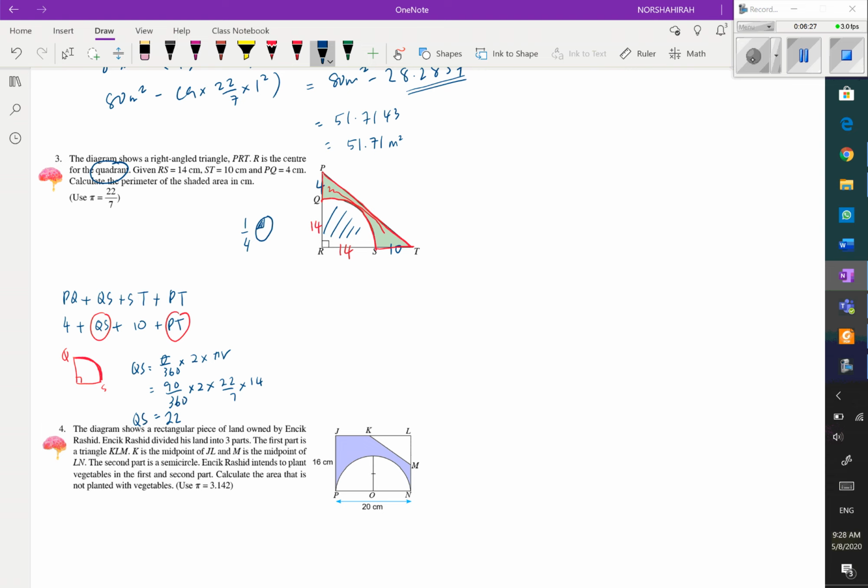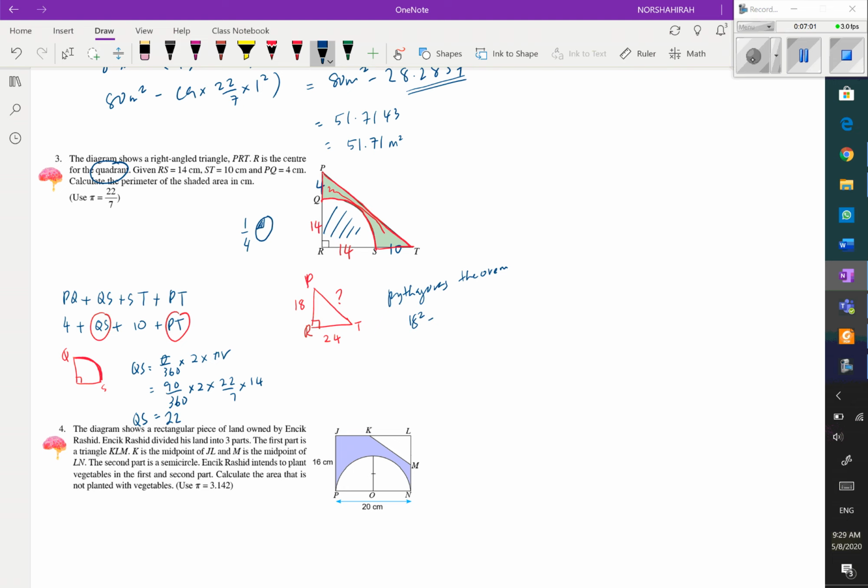Okay, dah jumpa panjang QS. Next, panjang PT. PT ni datang daripada your right angle triangle. Ni PT, ni R. So, panjang PR berapa? 18. Panjang RT berapa? 24. So, how do you find panjang PT? You use Pythagoras theorem. Kenapa boleh guna Pythagoras theorem? Sebab dia adalah right angle triangle.